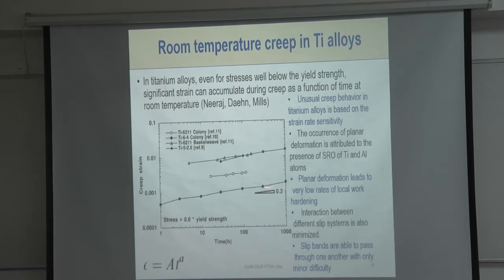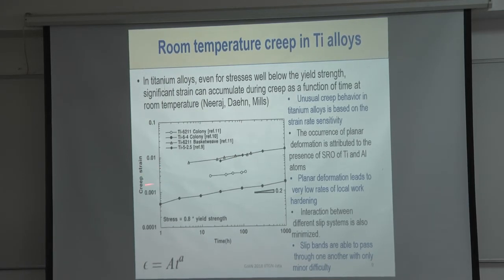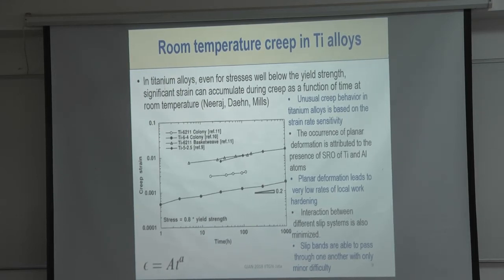That 0.2 is the slope. Okay, I was mistaken for that. So it goes from there to there, the creep strain. And the other data that you see there, they're all like below 0.02. So the maximum you get is 0.02, and the minimum you get is that 0.003. So you see some creep strain, and this is by several different authors, okay?